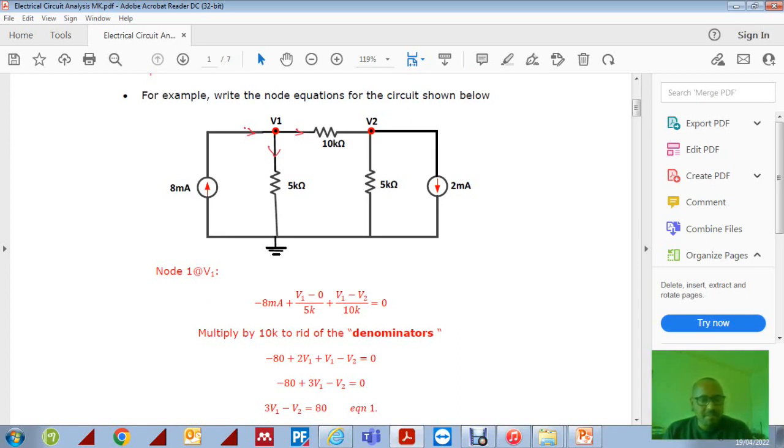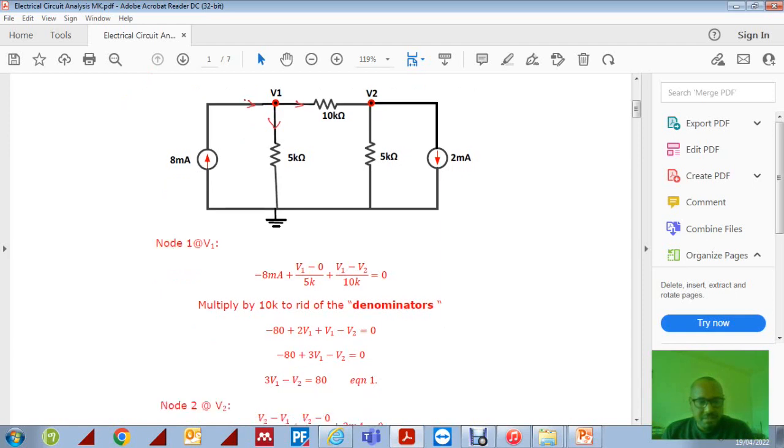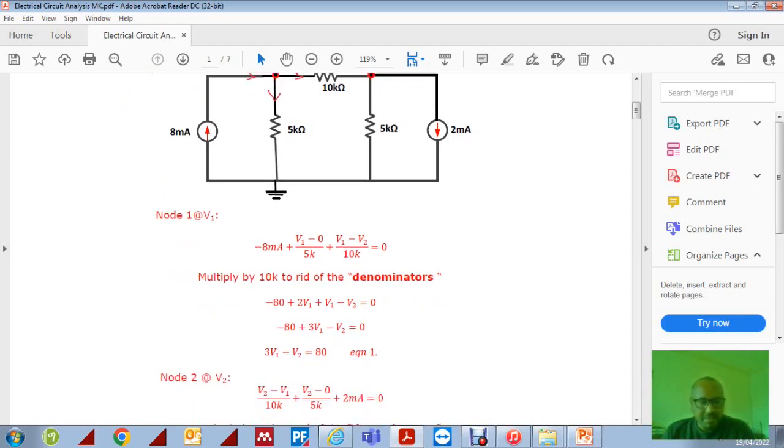Okay, so we can get rid of the denominator on the bottom, just to simplify the equation. So we can multiply by 10. If we multiply this by 10, of course it will be minus 80, and then this one, 10 divided by 5 is 2, so 2 times V1 is 2V1, of course 2 times 0 is 0, plus, if we divide this by 10, 10 by 10 is 1, so V1 minus V2.